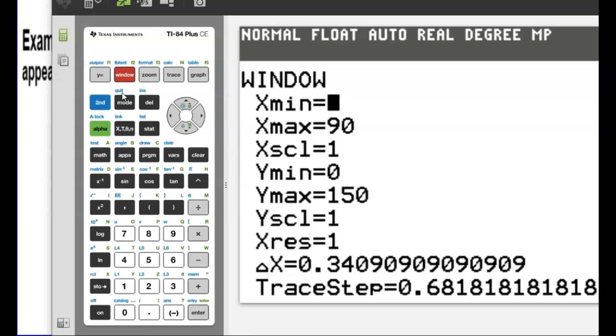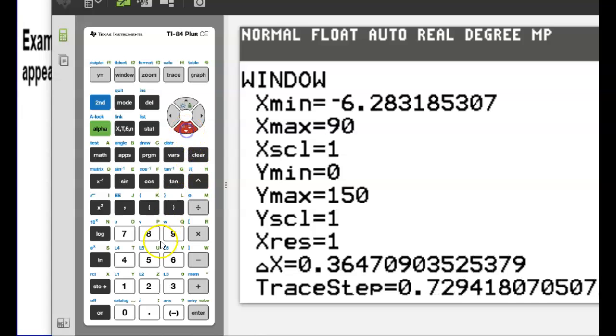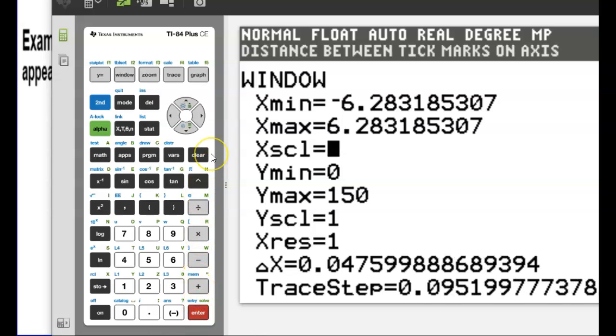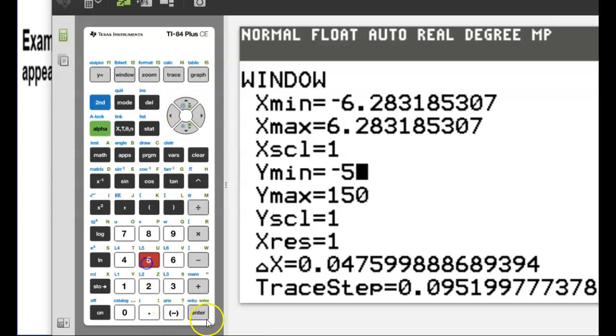Like 2 pi, negative 2 pi. So I might do negative 2 pi to 2 pi. On the one you have to graph on the quiz, I tell you the window to use for x. I don't think the y is going to be very big, so I'm just going to go negative 5 to 5.